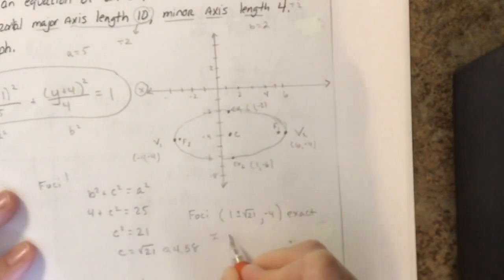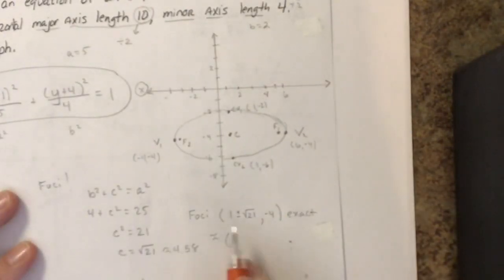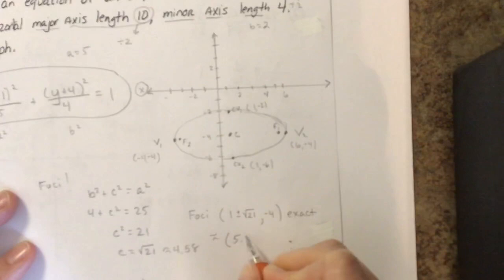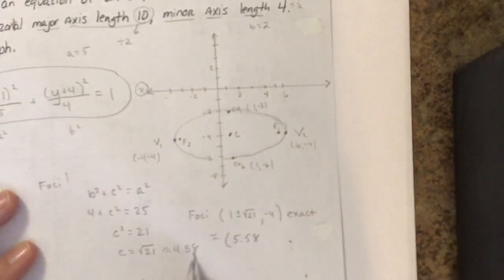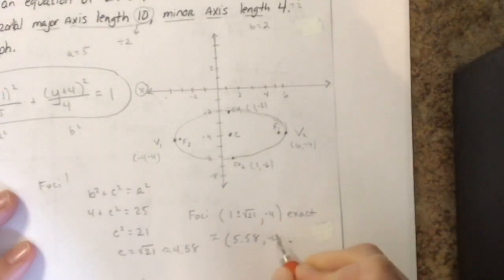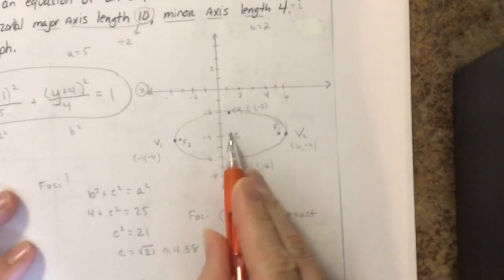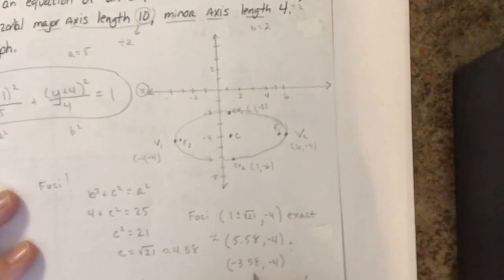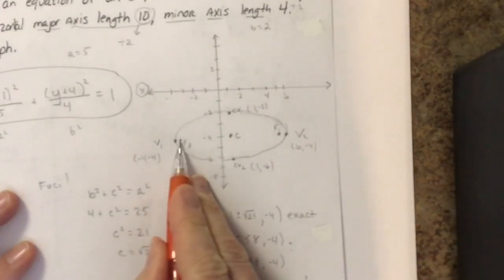The rounded foci are at 1 plus 4.58, that's about 5.58, negative 4. And 1 minus 4.58, that's negative 3.58, negative 4, or negative 3.6.